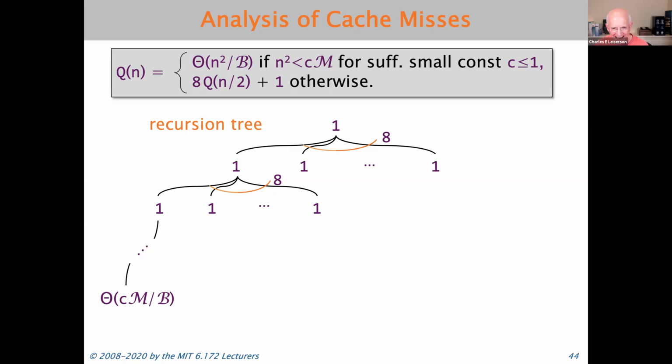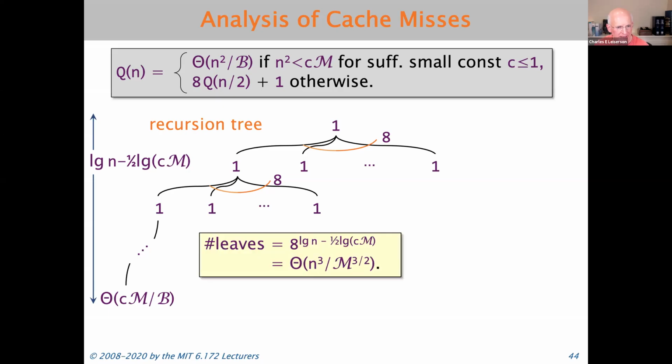Instead of going a full log n, we stop at log base 2 of the square root of CM, which is half of log of CM. So that's where you get the height.